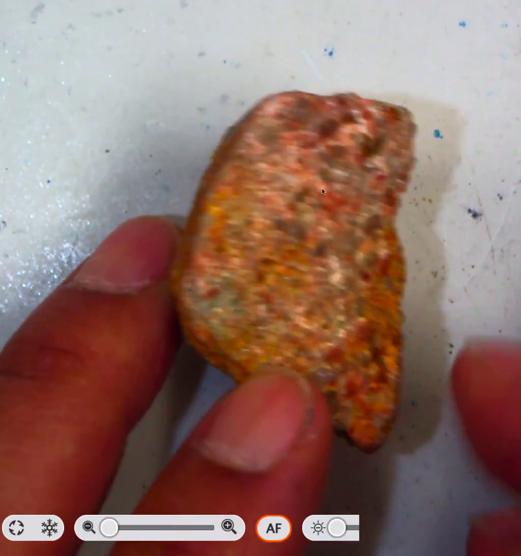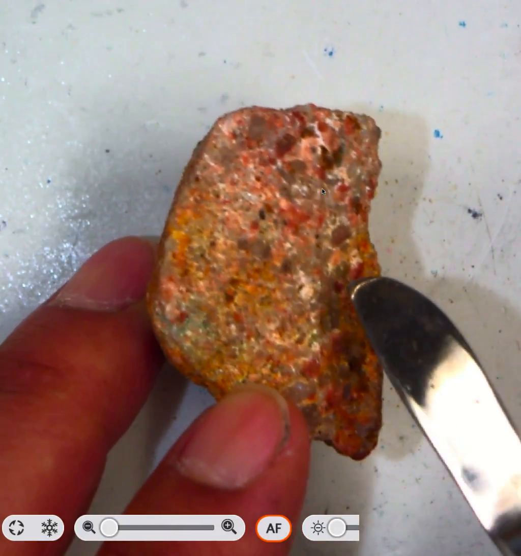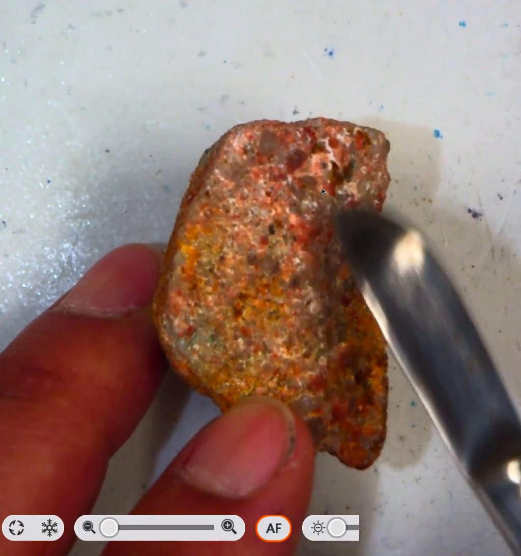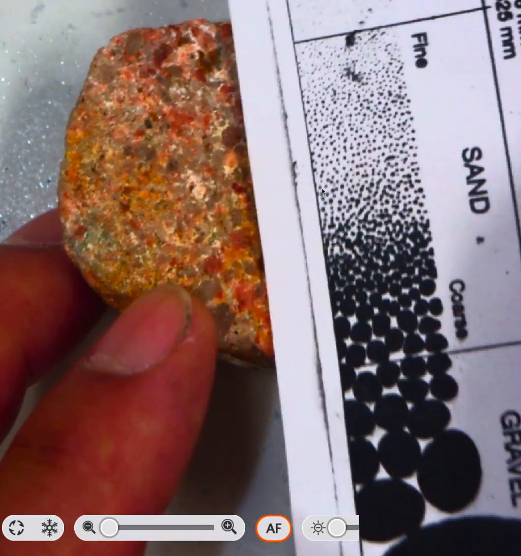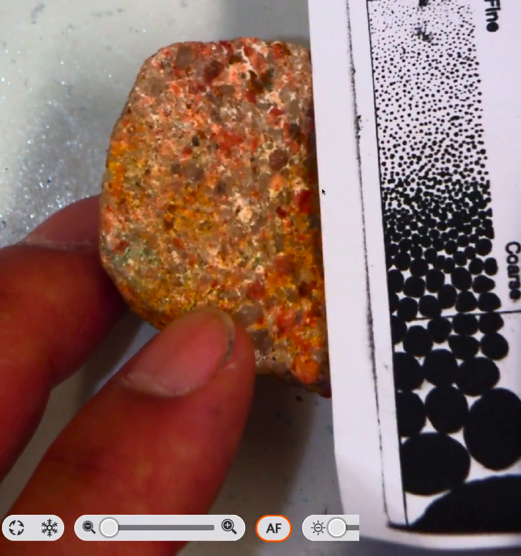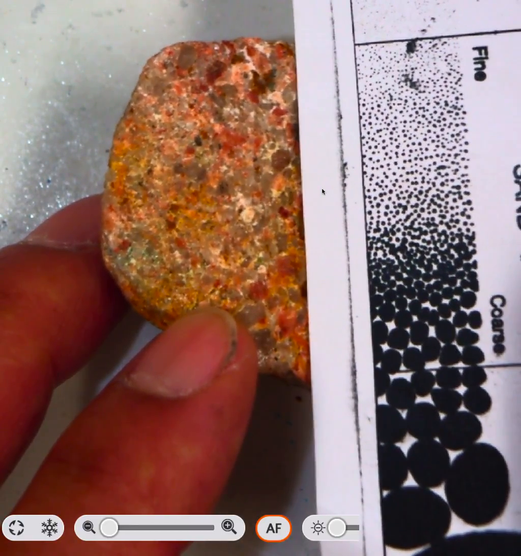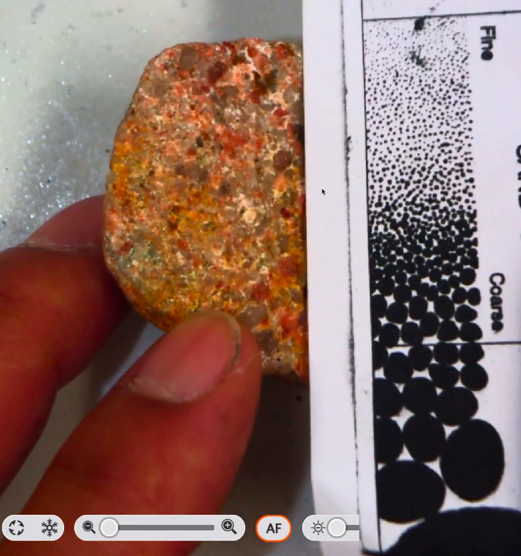Again, we're also looking for the roundness. You can see they have some edges to them, but then some are more rounded. But if we look at the size rating for this one, we'll find that these are mostly in the coarse sand region, right? So it's still some sort of sand size sediment, and more in the coarser sand region.